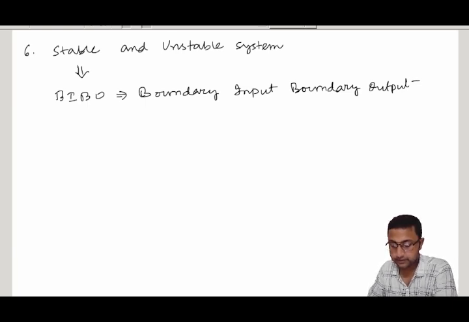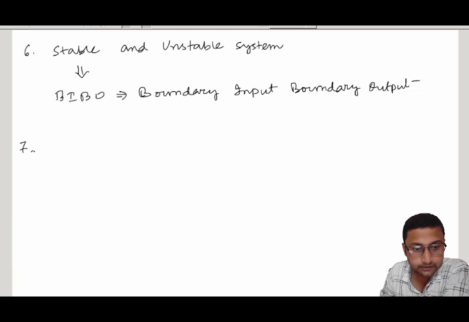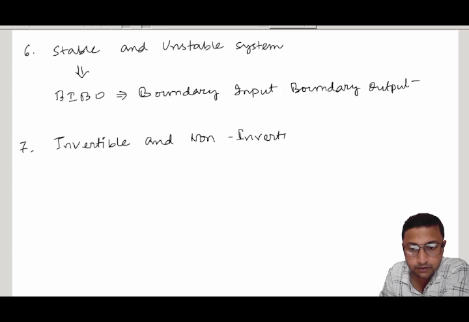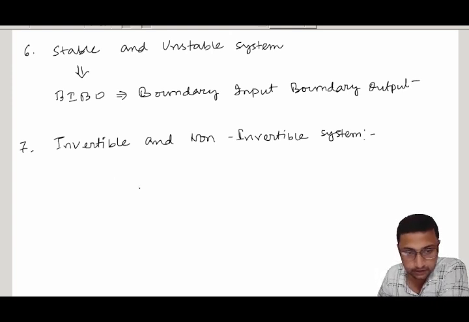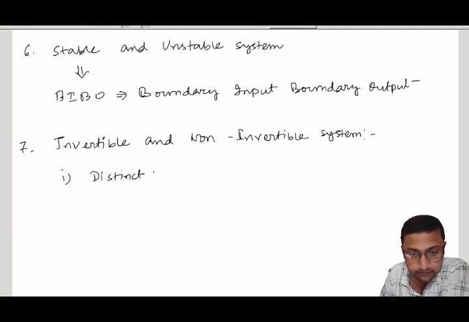Next is the invertible system. Number 7, invertible system and non-invertible system. A system is referred to as an invertible system if two properties are followed. Number one, distinct inputs lead to distinct outputs.